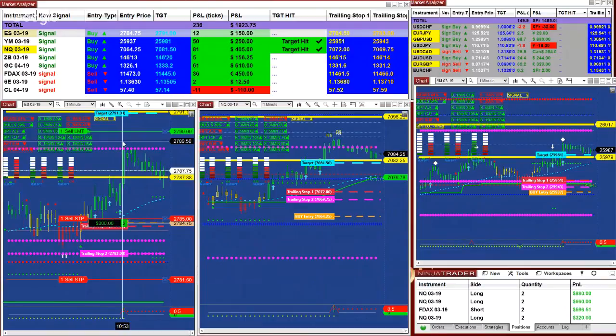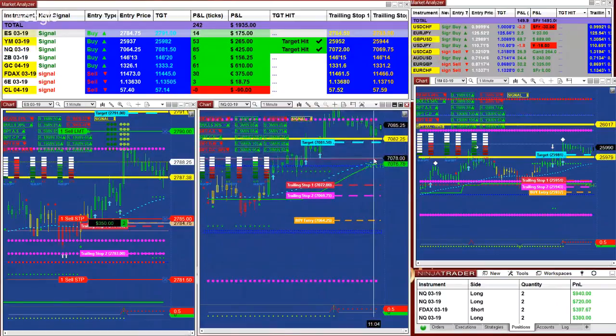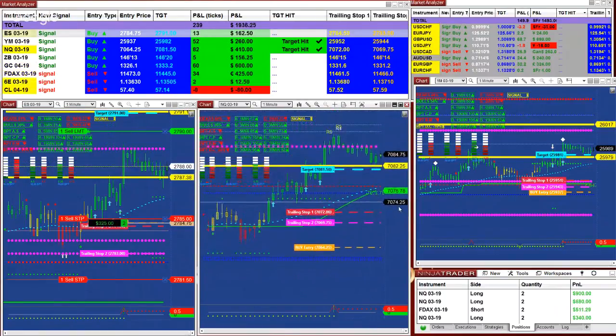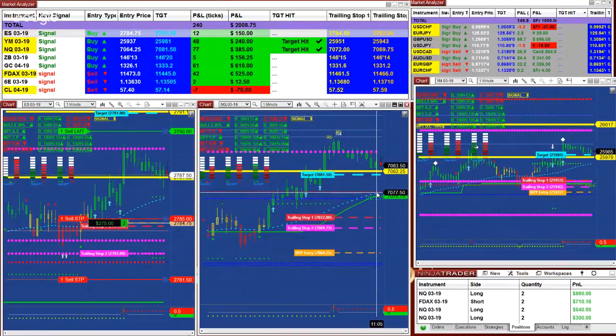So where is the entry on the NASDAQ? Okay, yes, sir. Here's your key, sir. It's right in front of you. The true average price is 7076.25, followed by a support at 77.50.